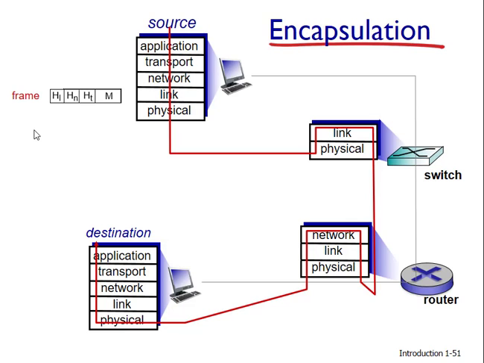The process of encapsulation can be more complex than I just described. For example, a large message may be divided into multiple transport layer segments, which might themselves be divided into multiple datagrams. That's because each layer protocol has its own limits on the size of the PDU. So, if the bundle being sent down is too large to fit the protocol data unit of the layer protocol that's doing the processing, then it must break the downward flowing bundle into smaller pieces so that its counterpart at the other end can handle them.